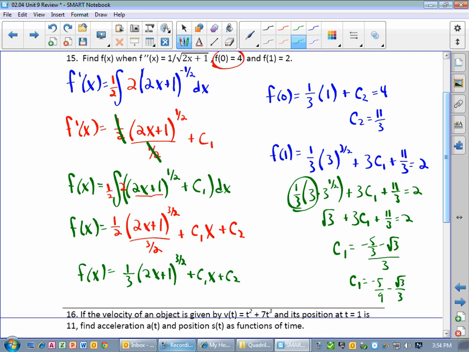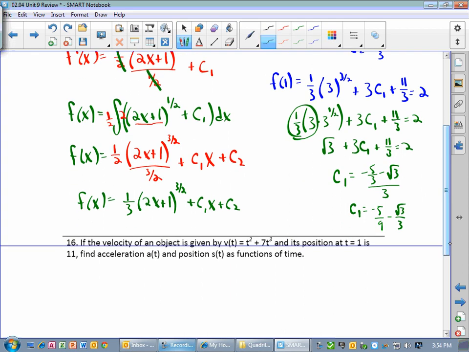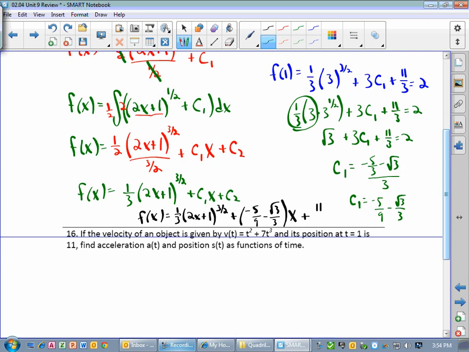Okay, so c2 is an easy number, c1 not so easy. So let's go back to our equation here, back to our function f of x. And let's write our final answer. So f of x equals 1/3 times 2x plus 1 to the 3 halves plus, now c1 was a pretty weird quantity, so I'm going to put it in parentheses, so negative 5/9 minus square root of 3 over 3 x plus c2, which wasn't quite as scary, it was still a little unusual, 11/3.